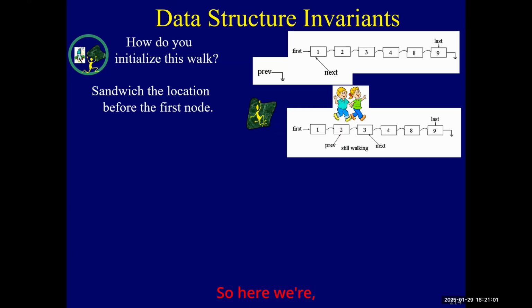Sometimes when you think about the loop invariant, and then you go back in time, you see what happens. We could have started with previous looking at 1 and next looking at 2, but that is harder to set up and assumes that you have 2 nodes. This only assumes I have 1 node. I guess it still assumes I have some nodes, but you can see that it's sort of already going.